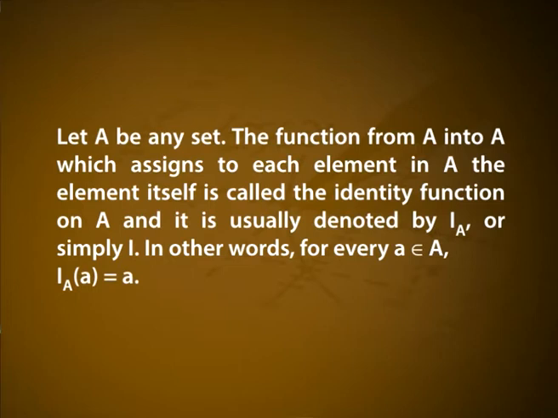Now the next example. Let A be any set. The function from A into A which assigns to each element in A the element itself is called the identity function on A and it is usually denoted by I_A or simply I. In other words, for every element a in set A, I_A(a) = a.